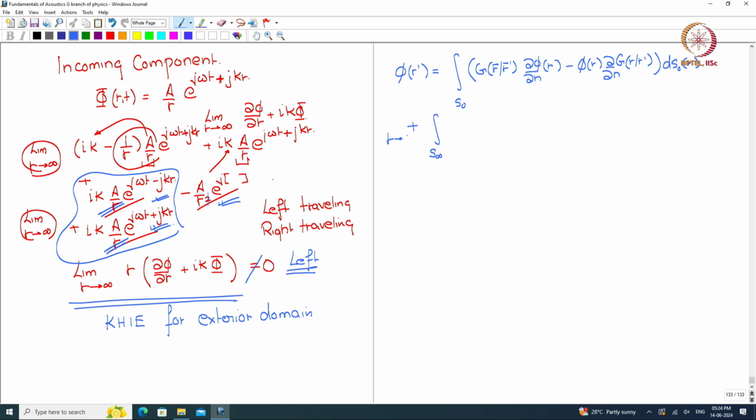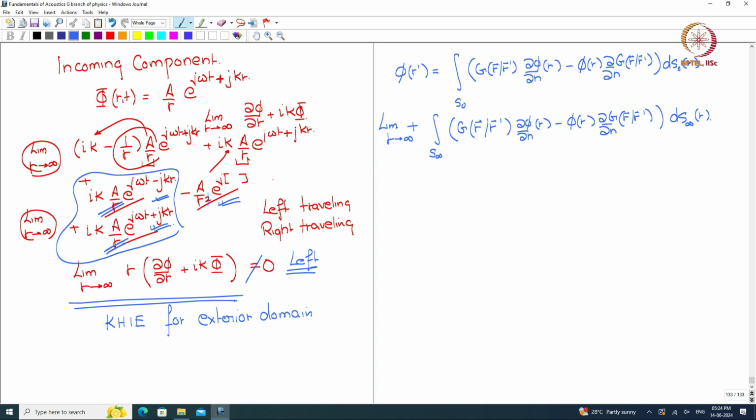and we had the same thing, g of r, r dash, del phi by del n of r minus phi del g by del n of r, ds at infinity.